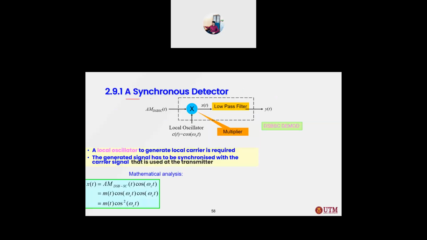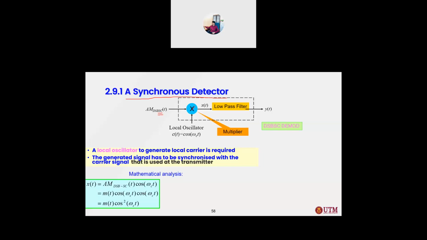Okay, so this is a synchronous detector for double sideband suppressed carrier. The signal comes to the mixer. We call this a mixer, or you can call it a local oscillator mixer, depends.